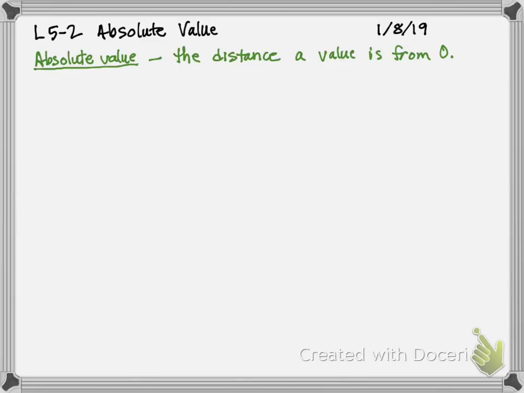So distance is going to be measured as either a positive value or a 0 value. So no negatives, okay? So basically all absolute value is saying is how far are you from 0, okay?